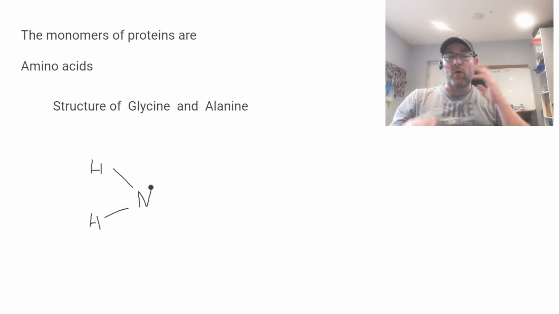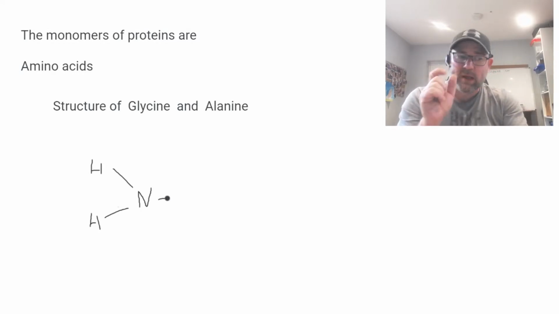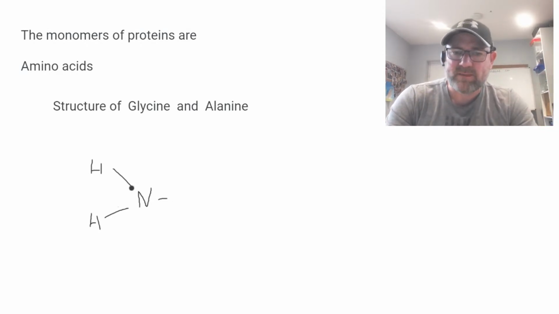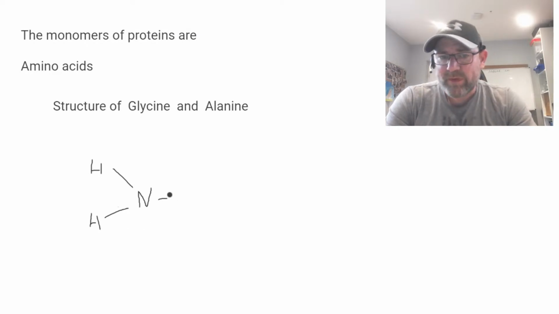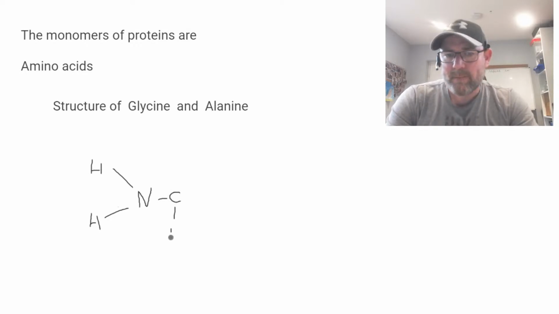Okay, so all amino acids, which are the monomers, the small molecules that make up the big molecular chains of protein, all amino acids have an NH2 group known as an amine group, and glycine looks like this.